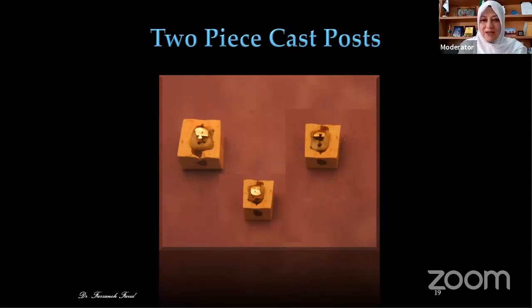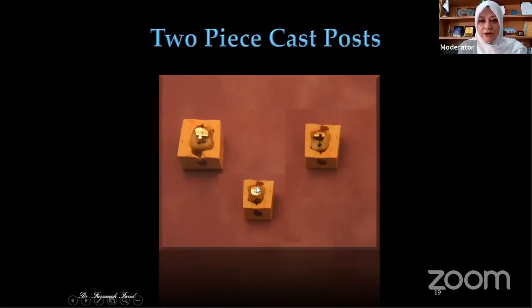If you use a key and keyway element portion of the 2 cores inside each other, it is better to send the impression of the tooth to the laboratory, and then the laboratory makes it for you. You see, this is the key, and this is the keyway. They are attached to each other and cemented simultaneously inside the tooth structure.